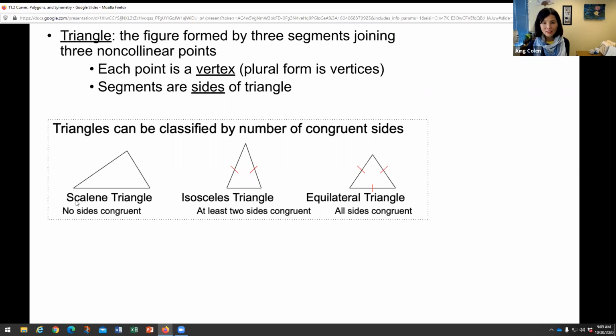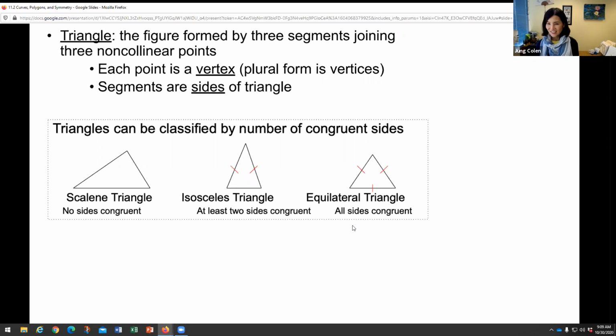So we call that a scalene triangle. An isosceles triangle has 2 sides that are congruent, but the third one is not. So only 2 sides are congruent, then we call that an isosceles triangle. If you have all 3 sides congruent, we call that an equilateral triangle.